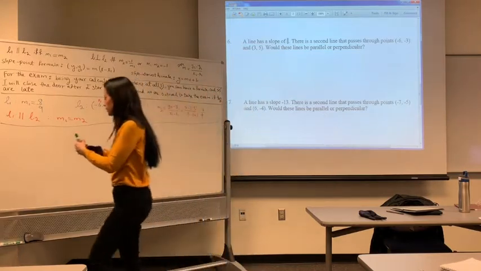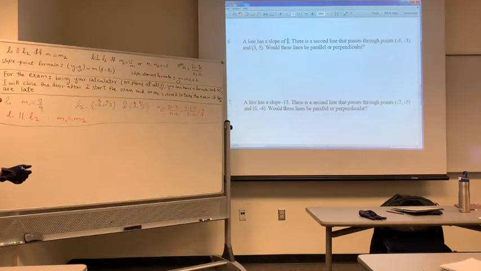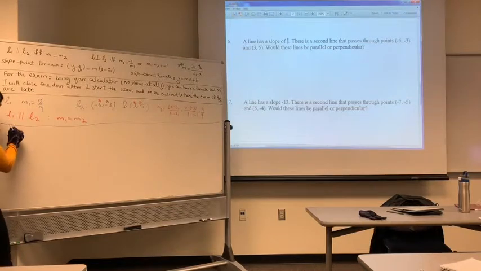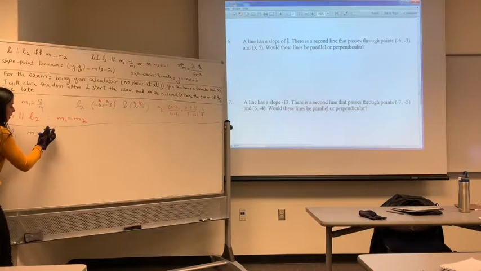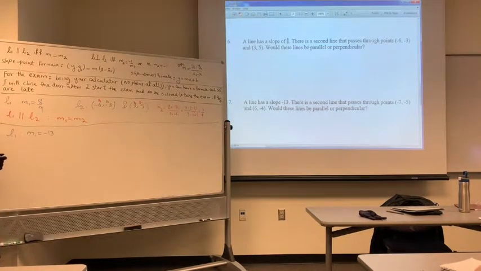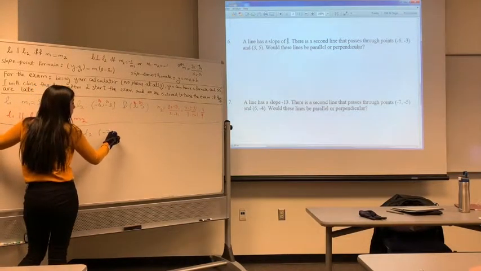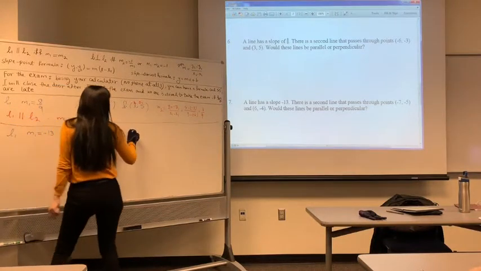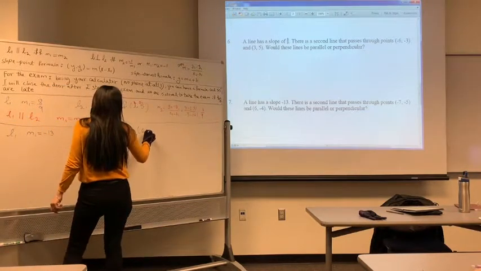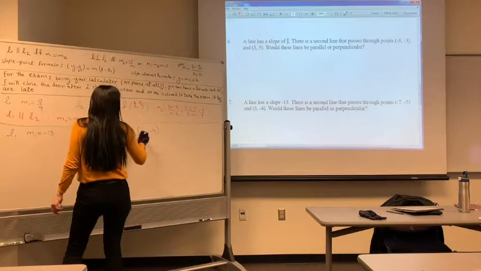Then the other question says, now we have a line, a slope is -13. So M1 has this slope. Then it says there is a second line, L2, passing through these 2 points, -4.